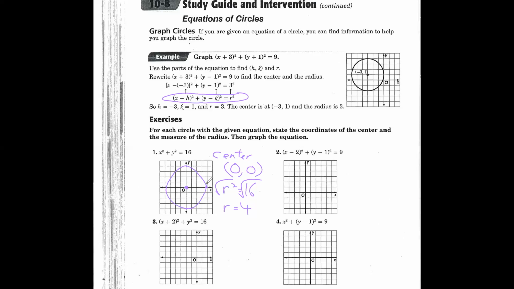Again, not perfect. All right, on the next one. Now this one does have an h and a k value. Again, these values are r squared. So what's my center point?